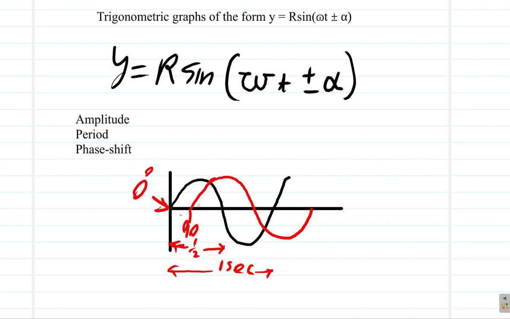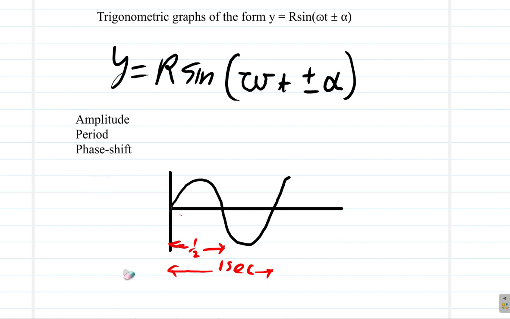Right? The phase is shifted to the right here. Now, we're going to see what the effect will be when it comes to R, omega, and alpha.